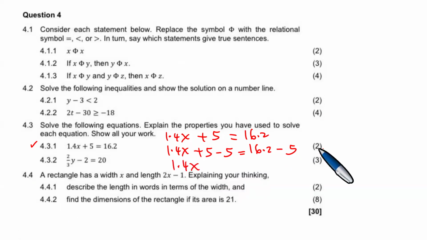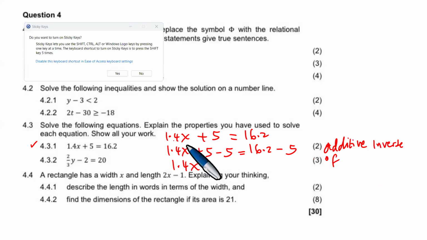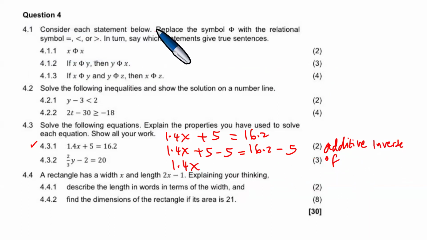Now we have used the property of the additive inverse of 5. The additive inverse of 5 is minus 5. That is, we have added minus 5 on both sides of the equation.